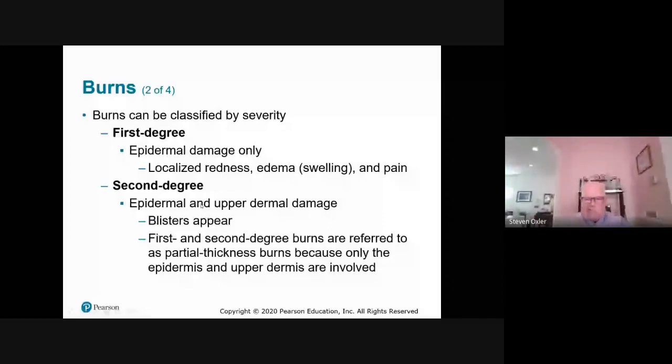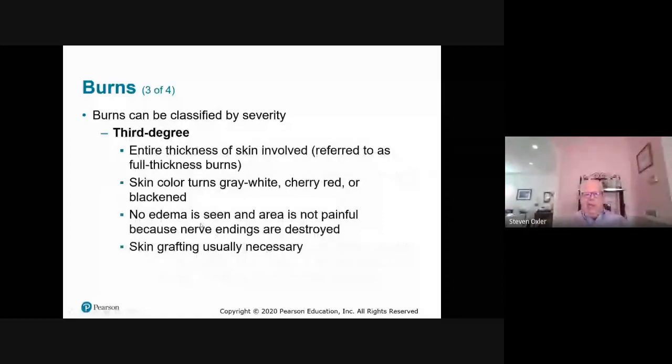Third degree is what we call a full thickness burn. The entire thickness of the skin is involved. The epidermis is burned, the hypodermis is burned, and the dermis is burned. Okay? All three layers of the skin are burned.